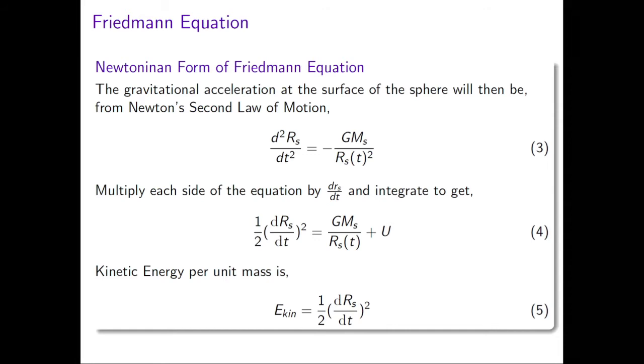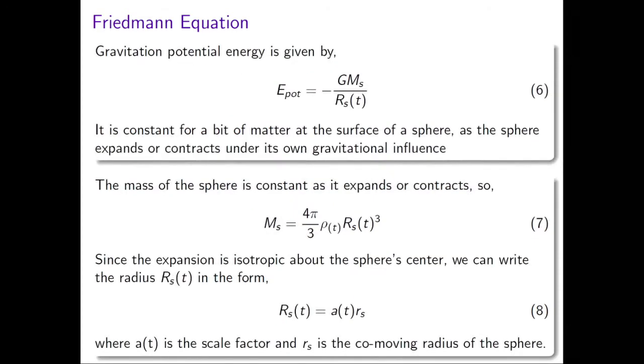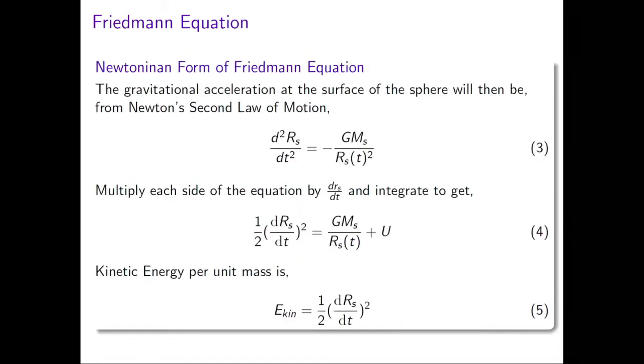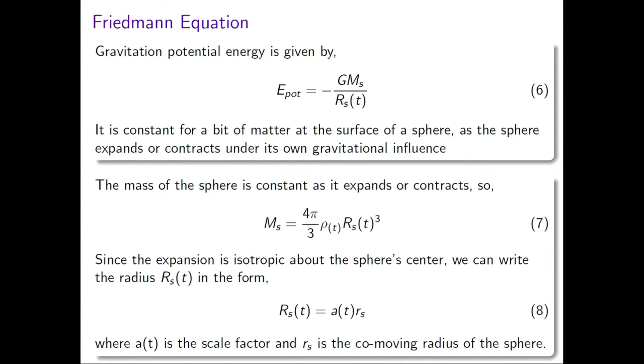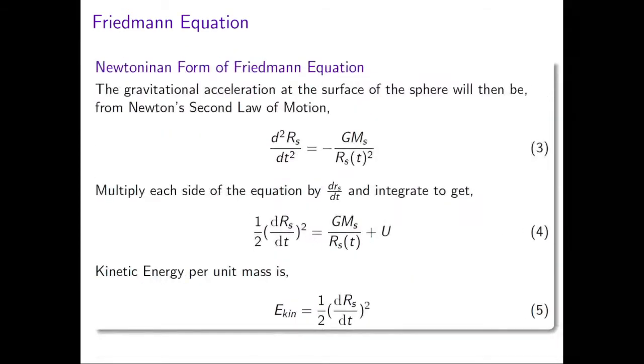If you look closely at this equation, you'll understand this is basically the law of conservation of energy, right? The left hand side, 1 by 2 (drs by dt) square, is basically the kinetic energy per unit mass. And then G ms by rs of t is basically the gravitational potential energy, taken to the left hand side, so it's minus, and u is the constant of integration here.